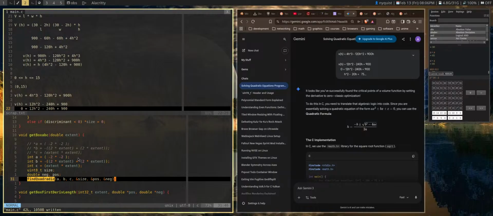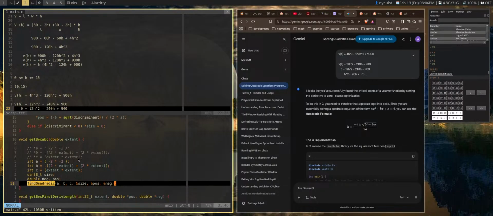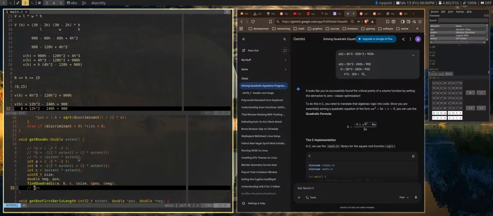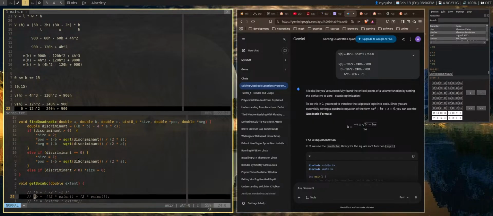Cool beans. And we're just going to pretend like the size doesn't exist, and we're just going to go with the positive value for now. And then we'll handle that later.